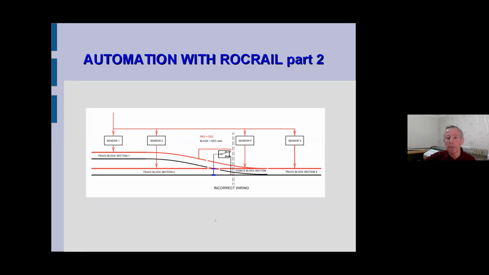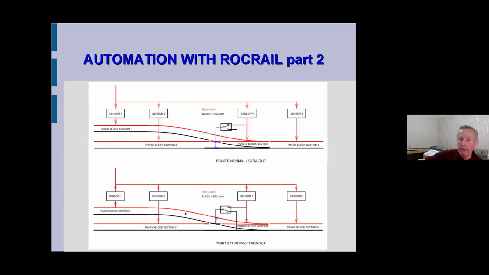Sorry, I've clicked when I shouldn't have done. Right, back to that one. The axle is now on the frog still, but it's on the common side of the frog, which is connected down to the common rail.